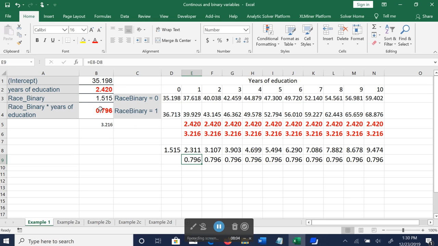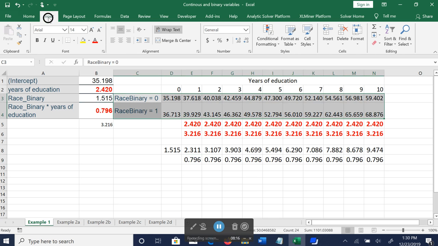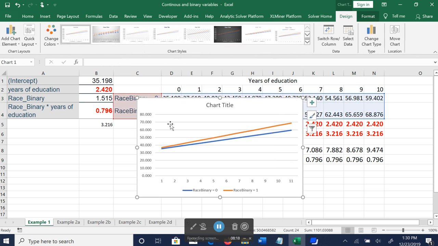This corresponds to these coefficients. So if we want to graph this, we can see it's quite obvious that those from racial group 1 are better off. If they go for more schooling, they are going to experience more increase in income compared to those from racial group 0. Are we clear?